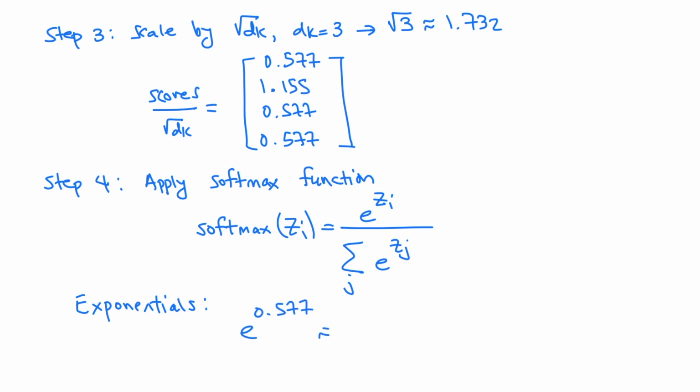Since I only have 2 distinct values here, 0.577 and 1.155, I find the exponentials, which you see are 1.78 and 3.17. So what this means is that for each of the elements in that 4-dimensional vector, I exponentiate each term and then divide by the sum.